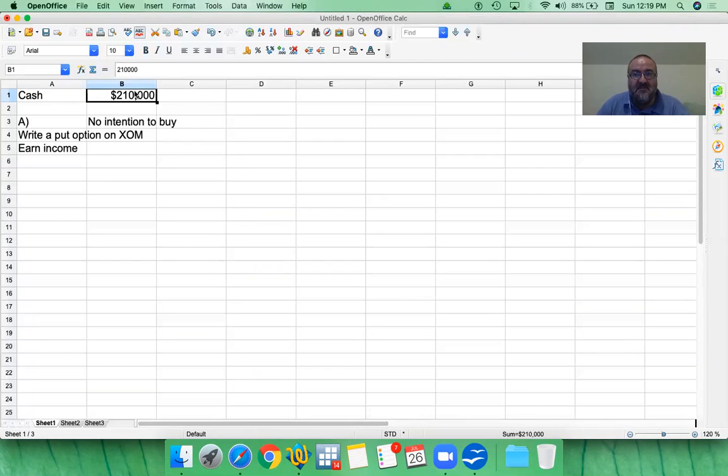Now, this is not a spread. This is actually a naked put, but a naked put protected by cash. Now notice, while I have no intention to buy, I also have no objection to buying Exxon. Therefore, I'm willing to write a cash covered put.